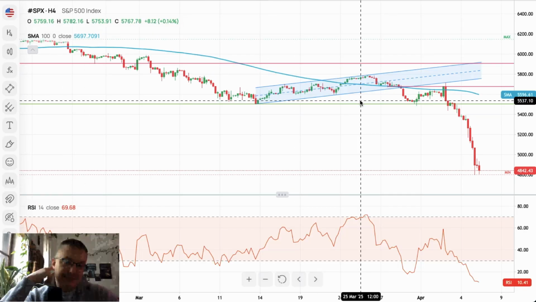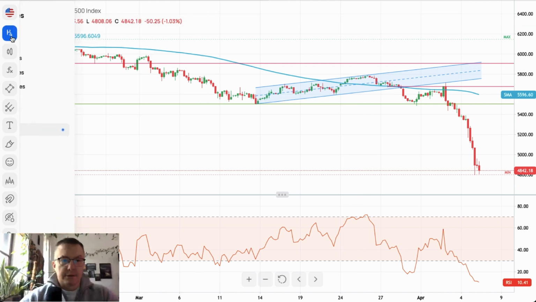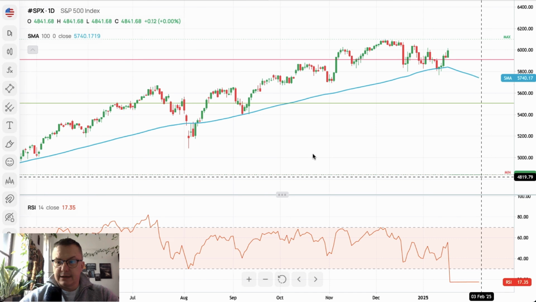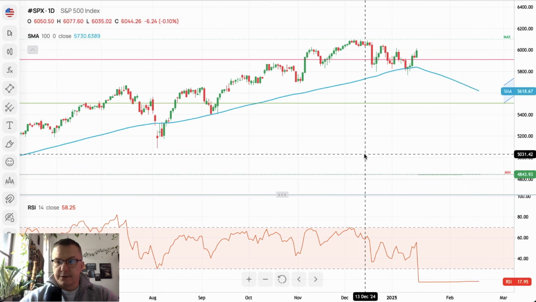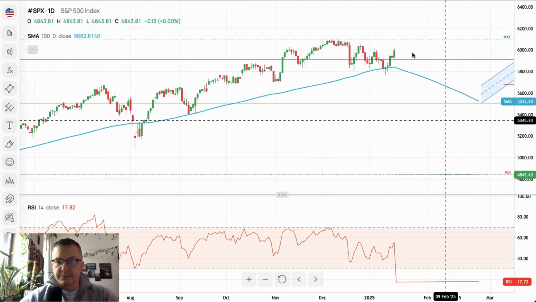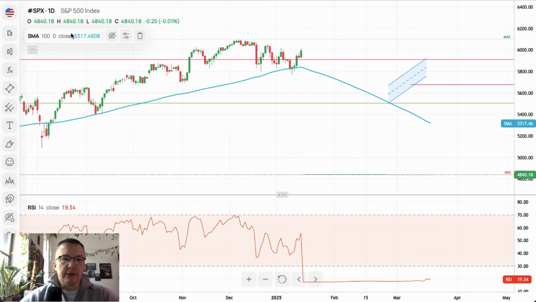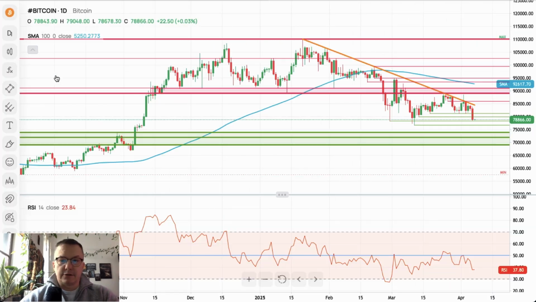The daily time frame chart still doesn't work very well, because if we switch to daily, you can see that there is no data here, and the newest data is 4,800. It doesn't plot the data for some reason, which is why we simply will abandon this. And let's go to the Bitcoin.